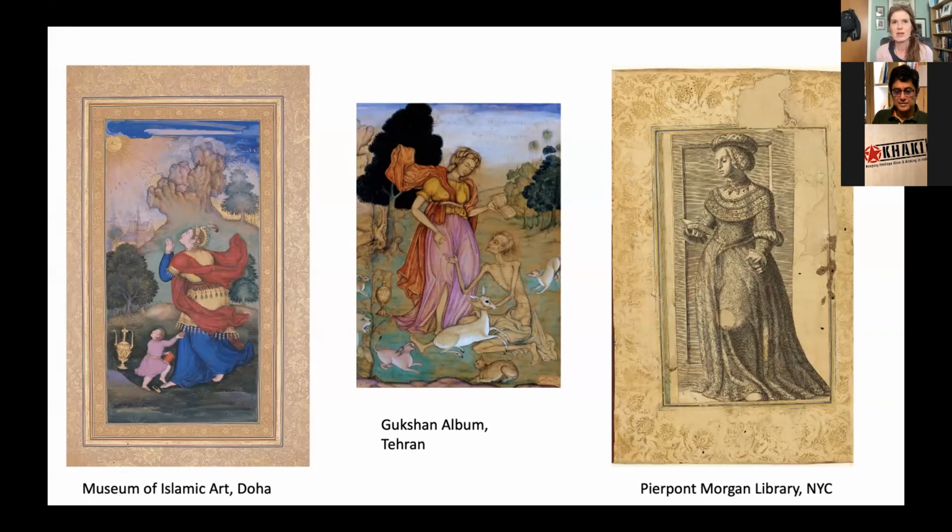The borrowings from European art, or the ways in which female identities are created in borrowings from European art, are really rooted in ideas embedded within Mughal culture. But we see that there's this very open-ended idea of what these identities are.